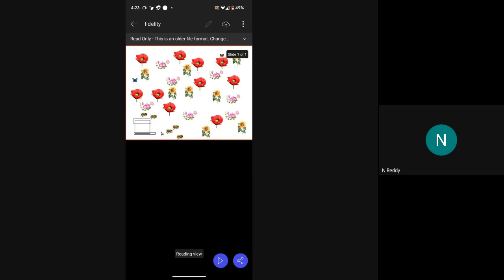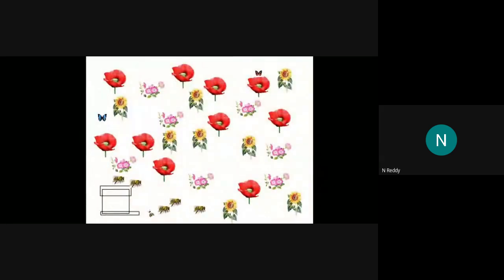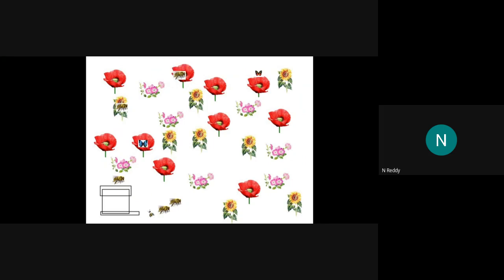I told about bee fidelity. That is how bees move from one flower to another flower. Even if there are any other flowers in between, they move only to the same species of flower.